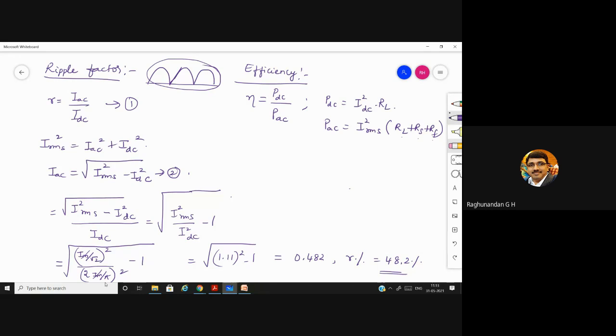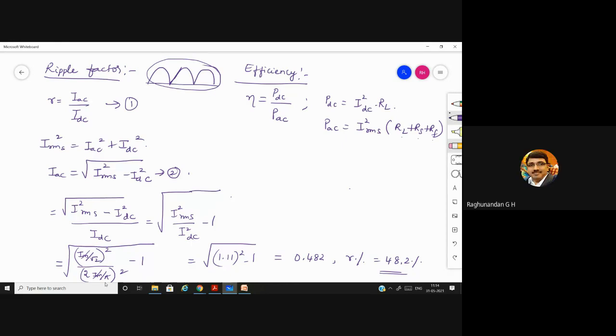Can anyone tell that again? Why do we consider three resistors in AC and only one resistor in DC? Nobody knows. Sir, it's static resistance, right?